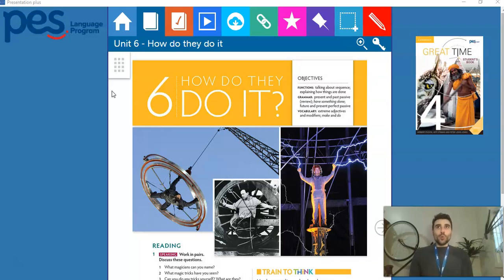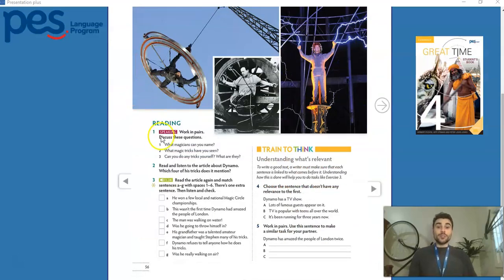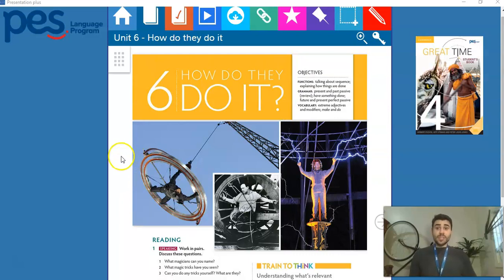And of course, I am going to be talking to you now just for us to take a look at these pictures here. So guys, remember, if you don't have your books with you, no problems at all, okay? You can follow your study guide that you can find on pesenglish.com.br, right?